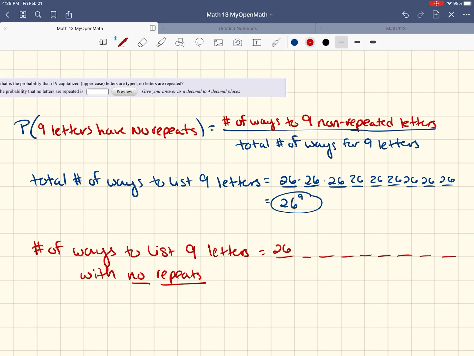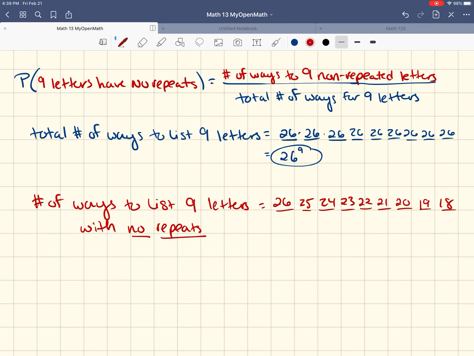However, in the second letter, we've already chosen one in the first spot, and while we might not know what that is, we can't choose it in the second spot because it has no repeat. So only 25 choices for the second spot. In the third spot, 24 choices, because again, we picked the 2 prior to it, and so on. In the fourth spot, 23 choices, 22 choices, 21, 20, 19, and 18. Every time we put a letter in a position, we cannot choose that letter or any of the ones that come before it.